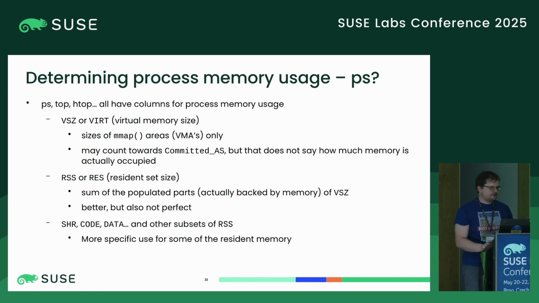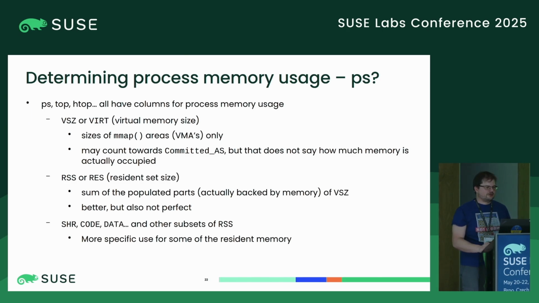Then that was the kernel wide view, but we might also want to know how much memory our individual processes are using. And for that, the tools like PS or top or HTOP always have these two counters. One is called VIRT or VSIZE, and that says how large are the virtual area sizes of the processes, which is not something that's immediately occupied.